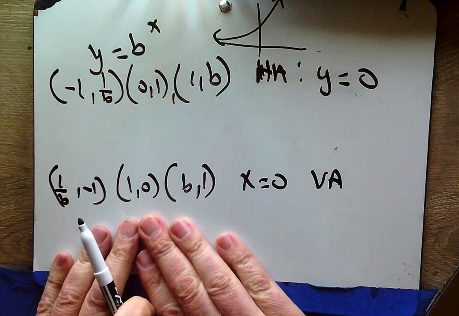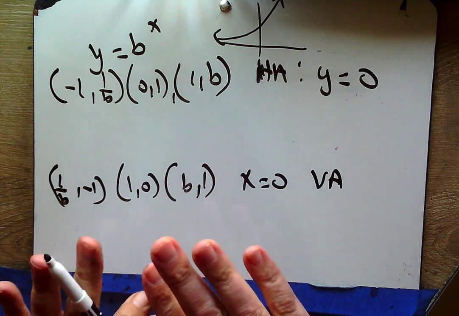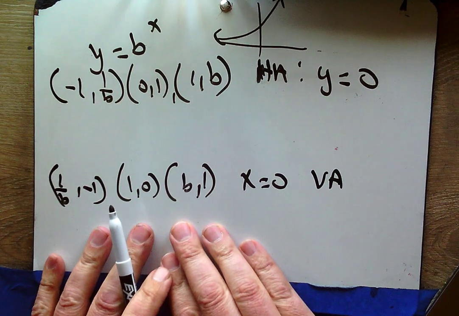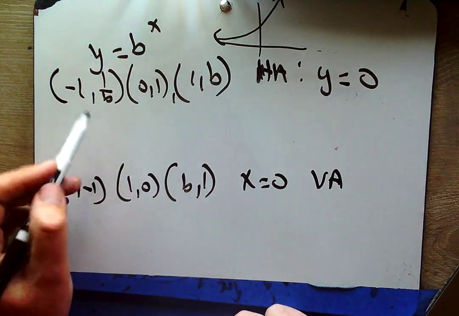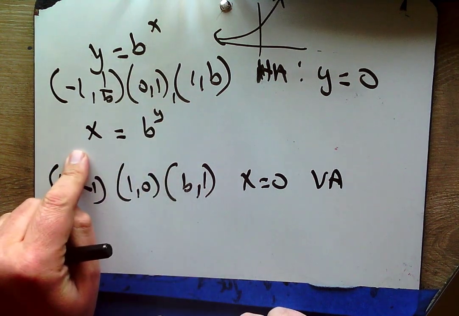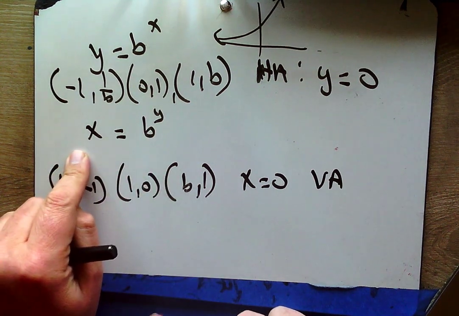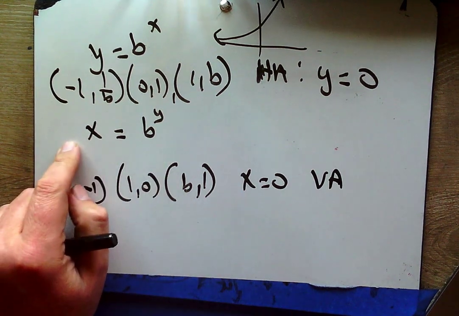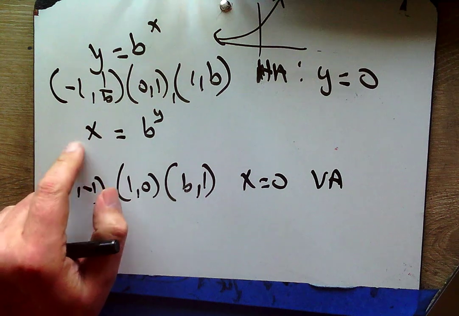So I can switch the x's and y's and get these points. But I'm wondering what function we're talking about. Because if I switch x's and y's, I don't know how to solve that equation quite yet. I mean, some of you may remember from Algebra 2, but we certainly haven't talked about solving this in pre-cal yet.